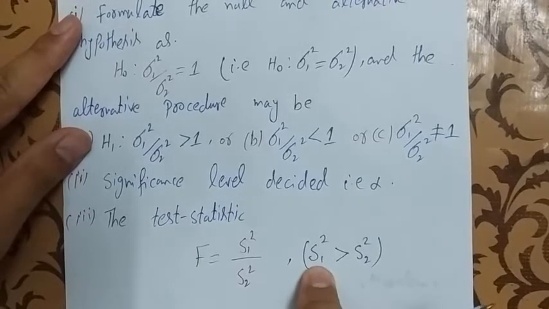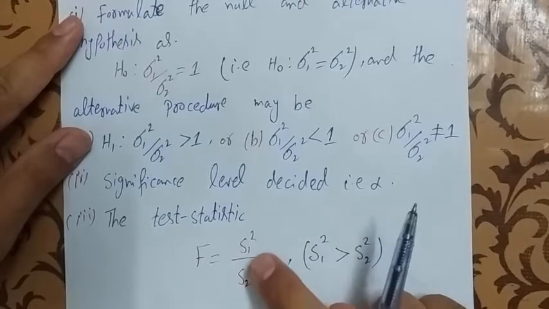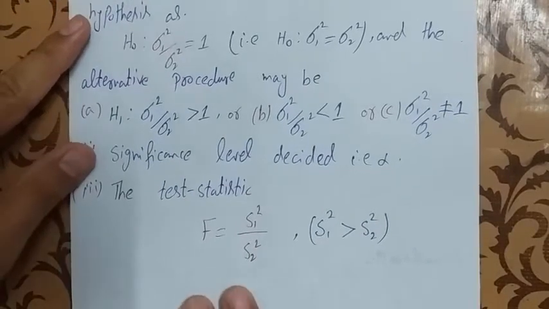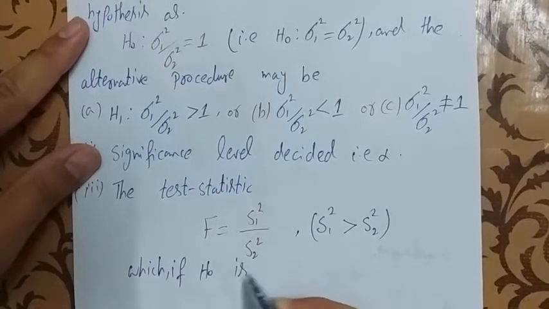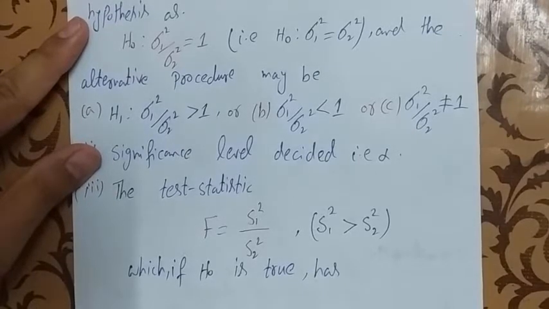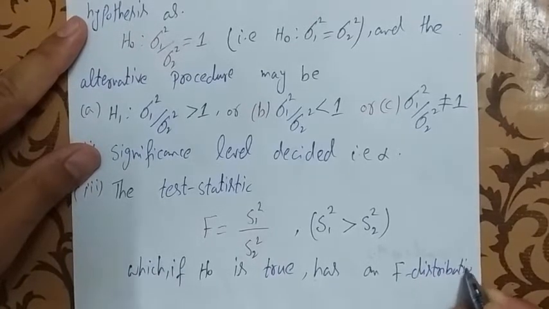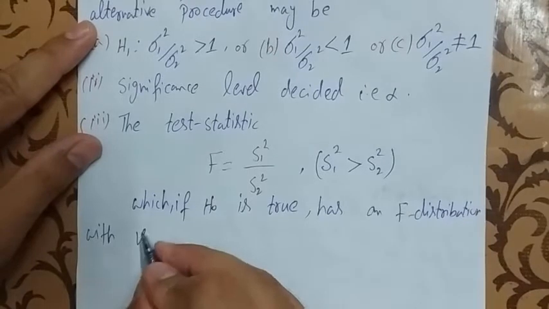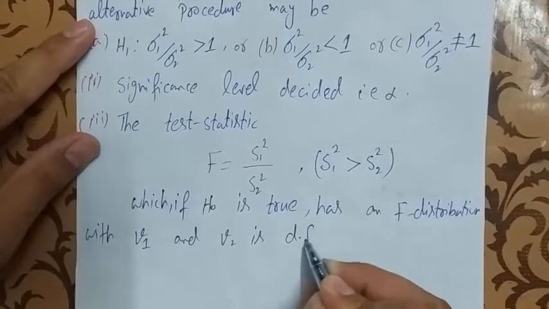If S1 square is not greater than S2 square, then we turn this test statistic around, meaning S2 square comes in the numerator and S1 square in the denominator, which, if H naught is true, has an F distribution with nu1 and nu2 degrees of freedom.